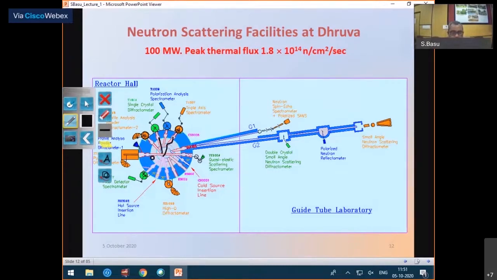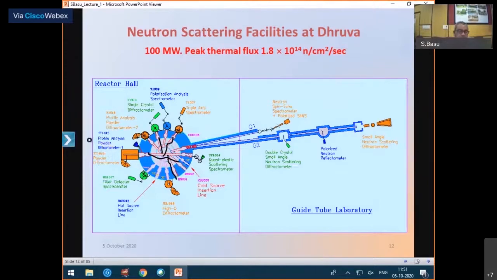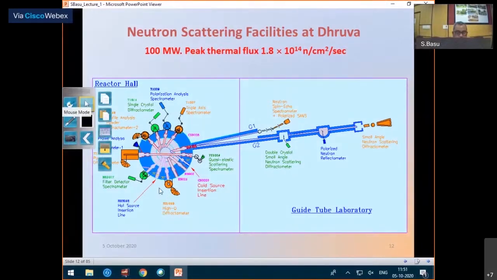They can come out from these beam lines, and our spectrometers are built outside the biological shielding. So spectrometers are built here, and for various purposes, and the purposes will be discussed.